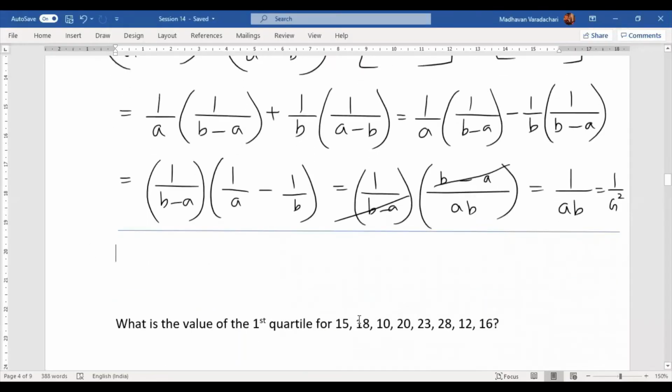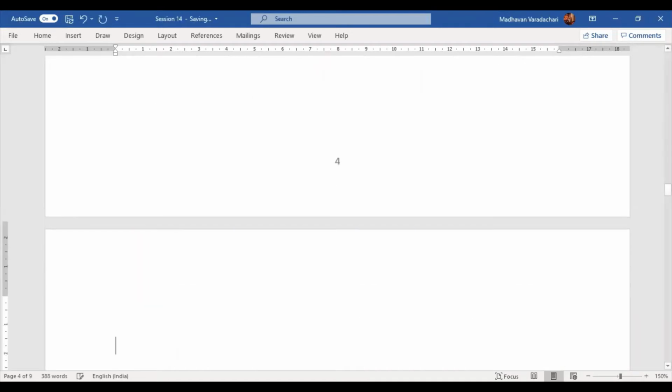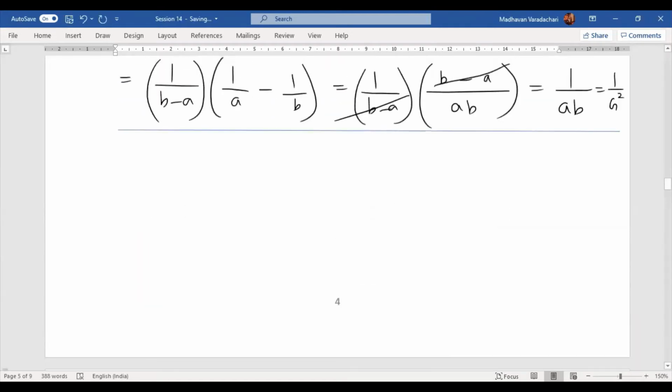Next question. Before moving on to the next question, I will brief you about what are called quartiles. Quartiles, what is that? Given a set of observations, focusing on a central value from the first 25% of observations, you call it the first quartile.